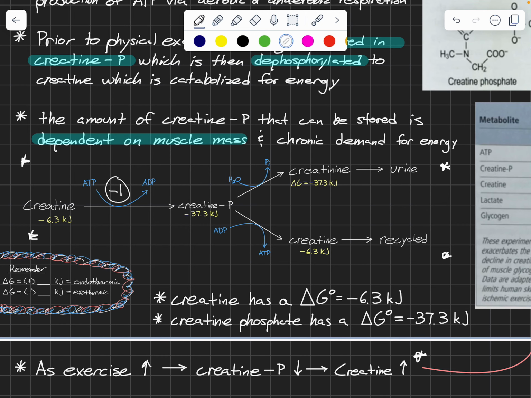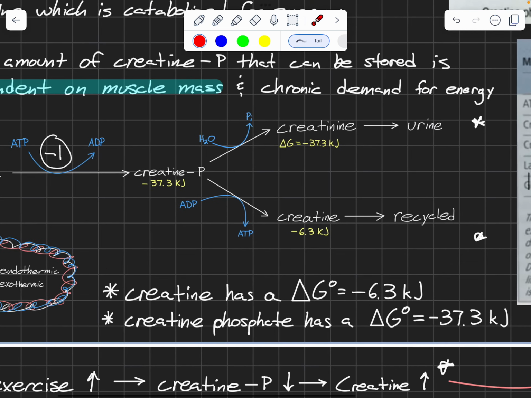So we have two situations determining which way we can go with this reaction. The first way we can go is if you're being active. If you have some creatine in your body, you add on a phosphate group to it, make some creatine P, and then you go for a run, do some awesome weightlifting or something like that. Our body is going to go through this lower process right here. Creatine P is going to realize, hey, we need to make some energy.